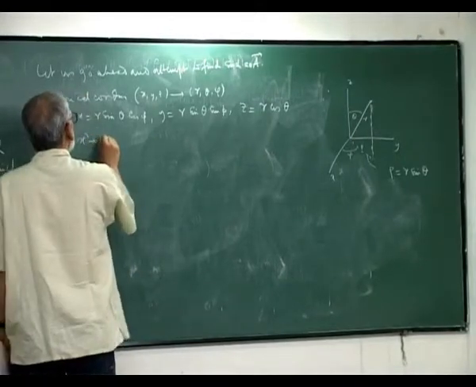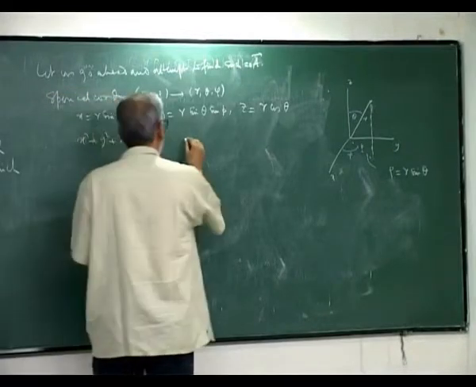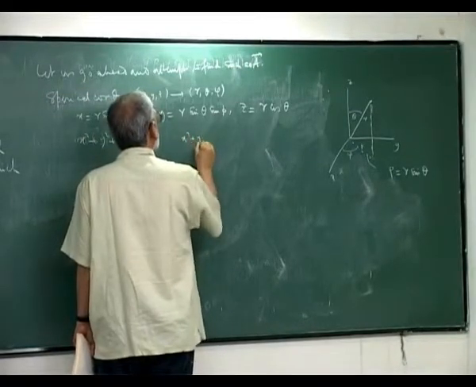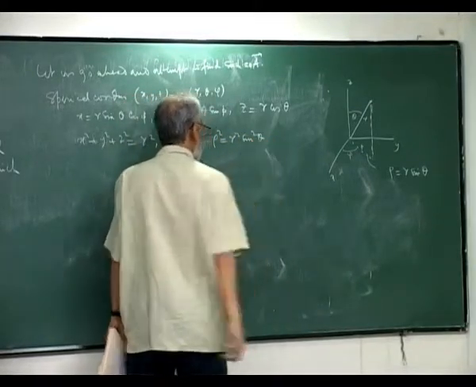Now, x square plus y square plus z square is r square, and x square plus y square is rho square, which is r square sine square theta.